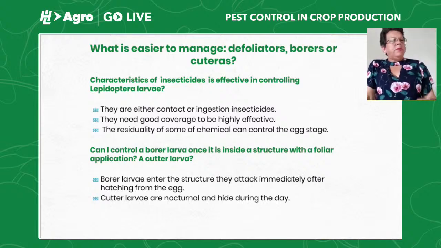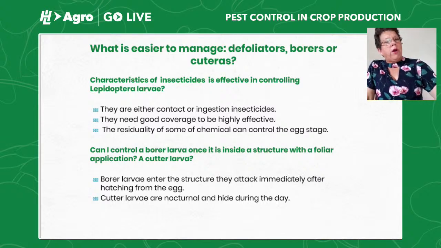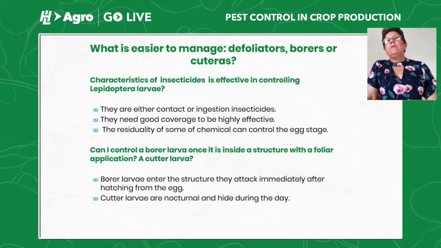Now, let me ask you this question. Can I control a borer larva once it is inside a structure with a foliar application? Can I control a cutter larva with a foliar application? Think of it. If the larva is already inside the structure that it damages, there's not much that you can do.